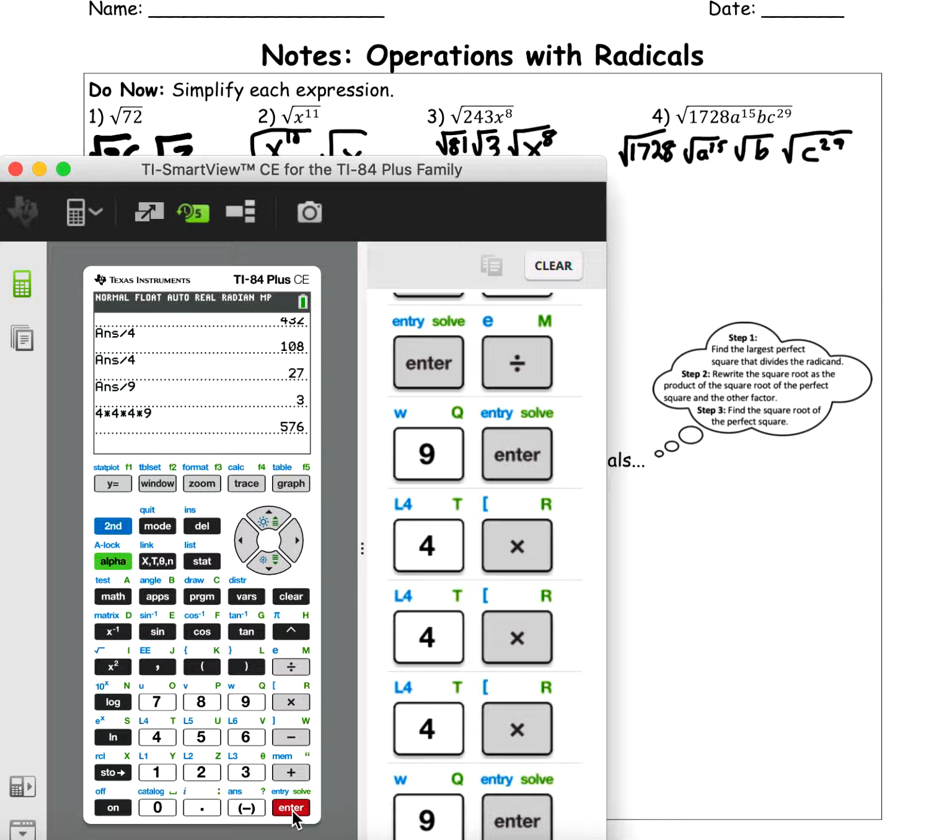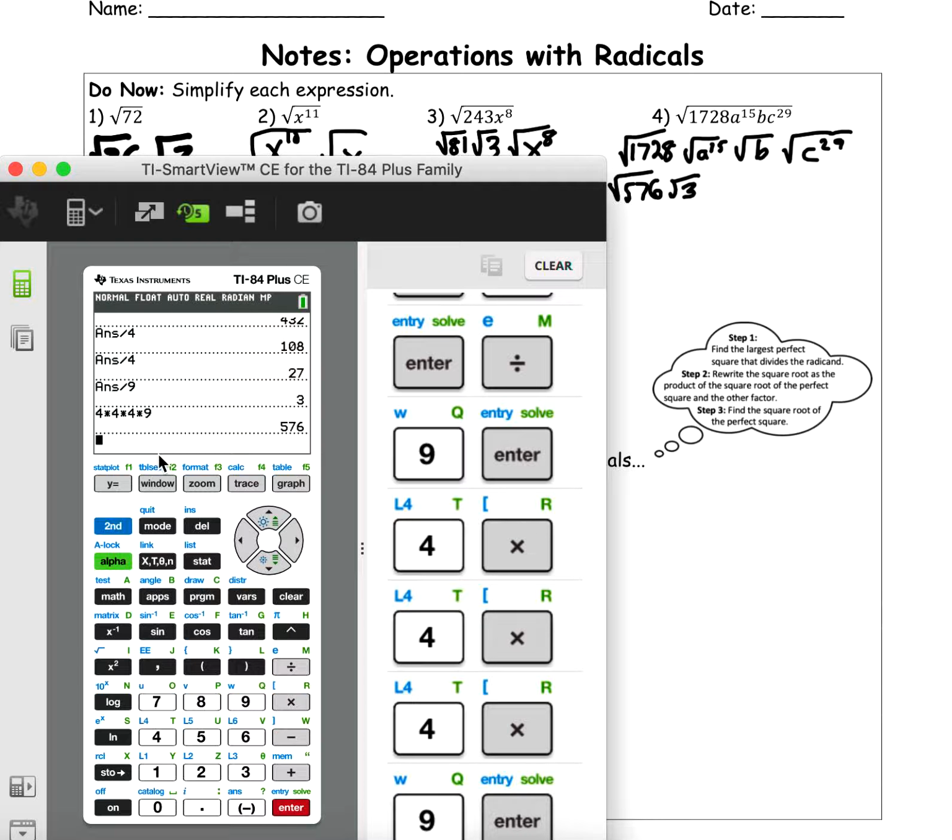I didn't even know that was a perfect square. So now we're going to separate 1728 into radical 576, which is a perfect square, and we'll figure out what the square root of 576 is in a second. The last number we had was 3 after we divided 27 by 9. So it'll be radical 576, radical 3.